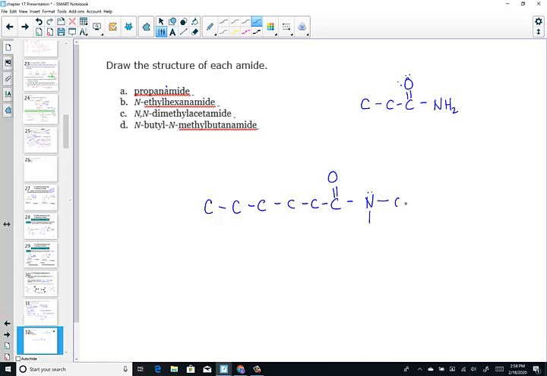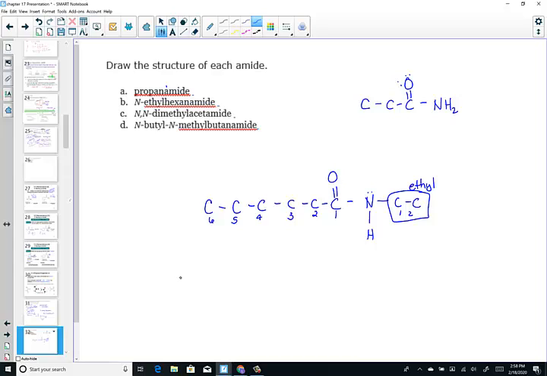One of them will be an ethyl group, and the other will just be a hydrogen. So there's our structural formula for N-ethyl hexane amide. And then that's the ethyl part. So here's your ethyl, and that's your hexane amide on the other side.